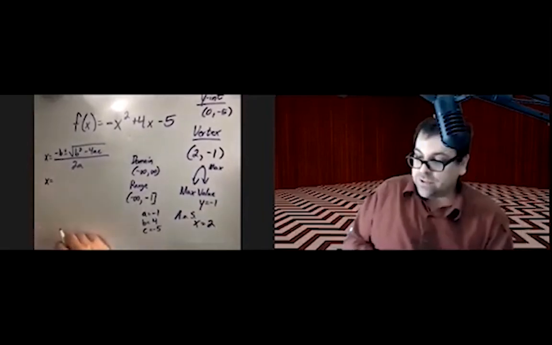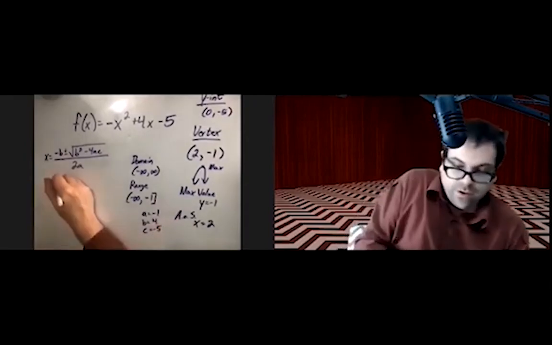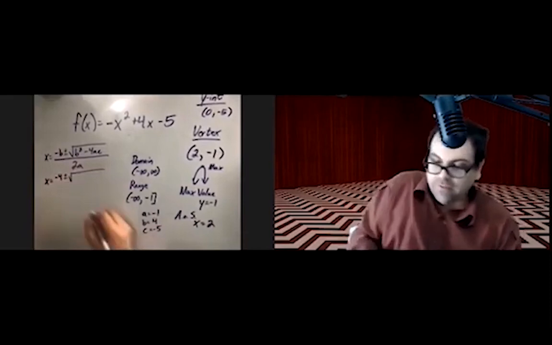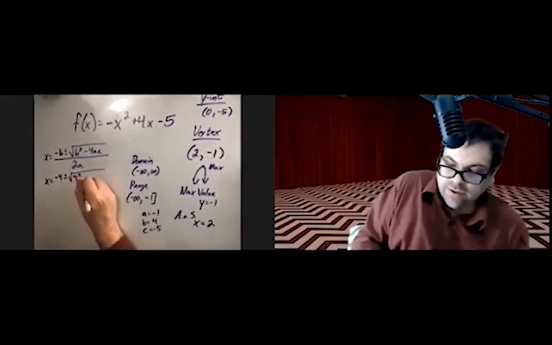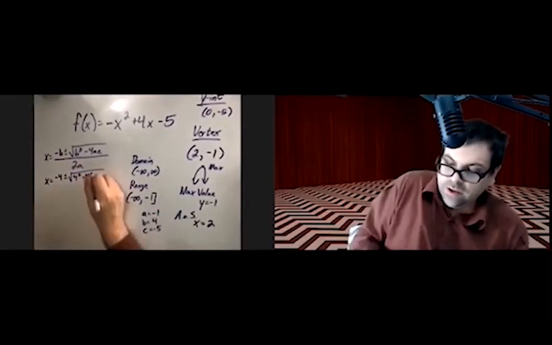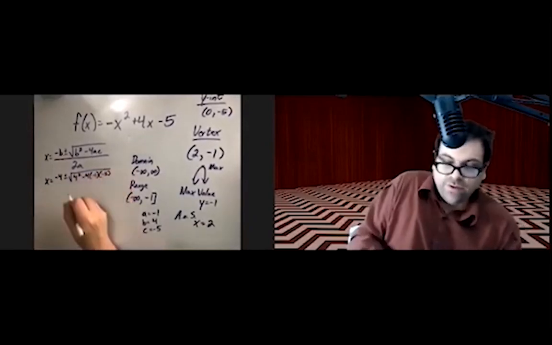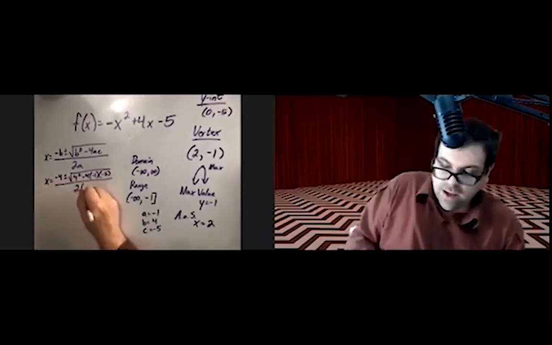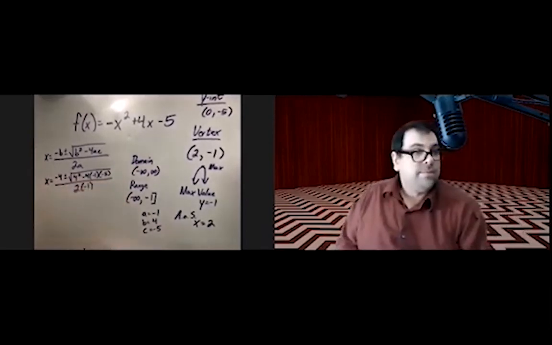So x equals the opposite of 4, plus or minus the square root of 4 squared minus 4 times -1 times -5, all over 2 times -1.